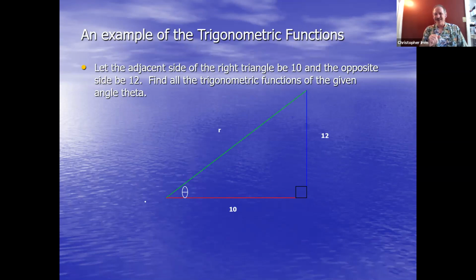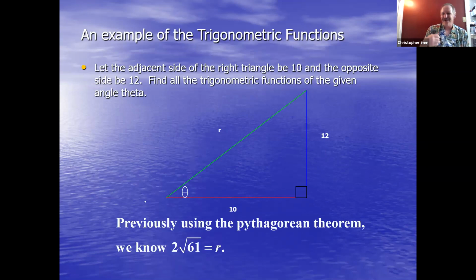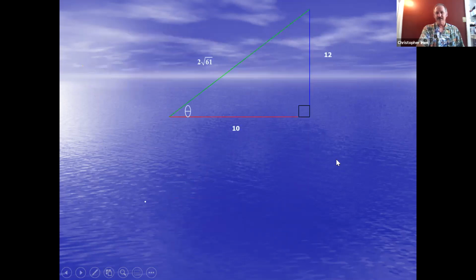You might remember from last time, we found that the hypotenuse was 2 root 61. So it's the square root of 244. We used the Pythagorean theorem and we pulled out that square root of 4 as a 2. So now that we have all those sides, we can find the trig functions.